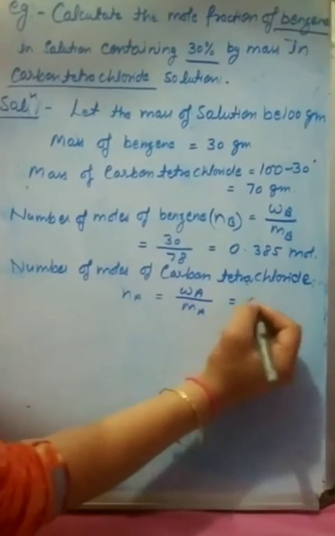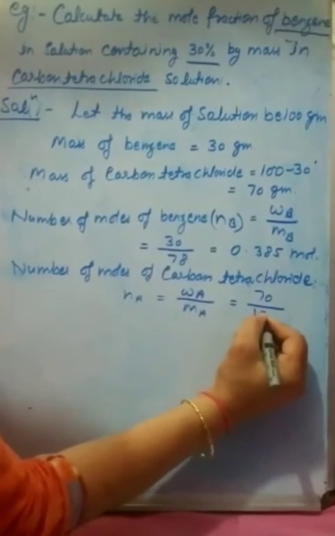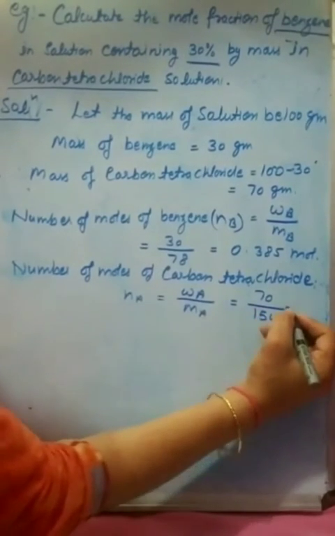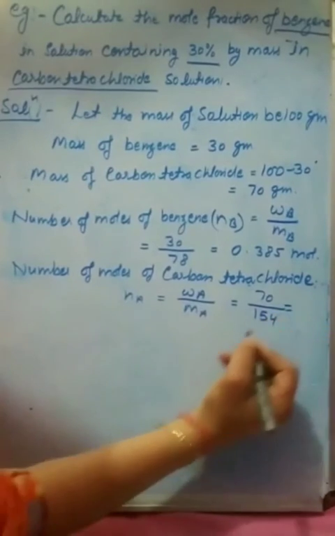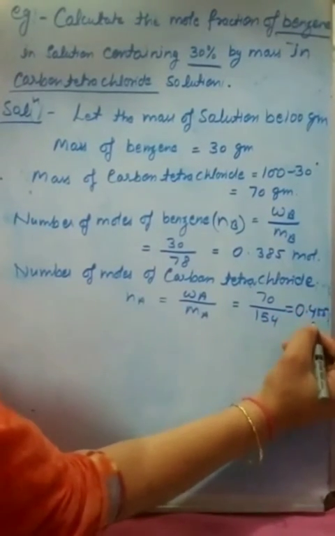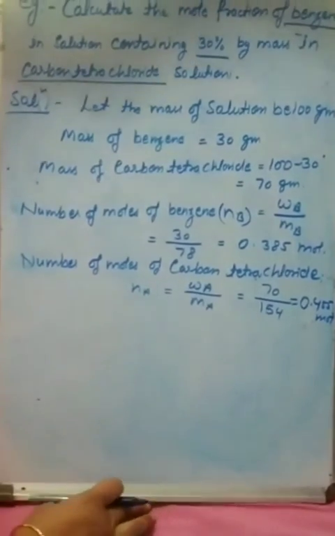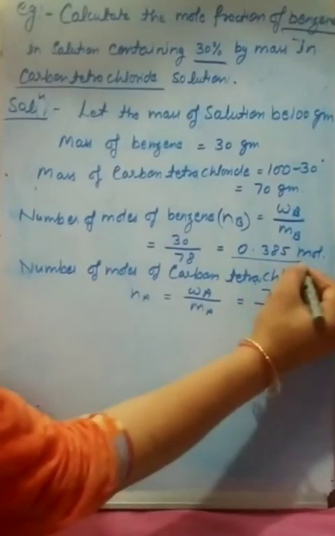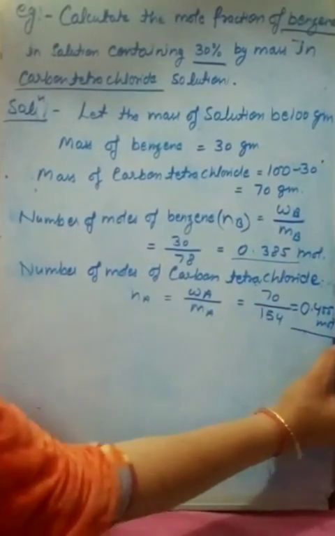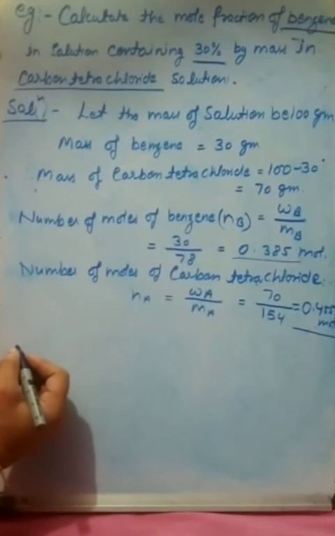Now Wa is 70 gram and Ma is 154 gram. So we find 0.455 mole of carbon tetrachloride. Now we have the number of moles of benzene and number of moles of carbon tetrachloride. Now we apply the mole fraction formula.